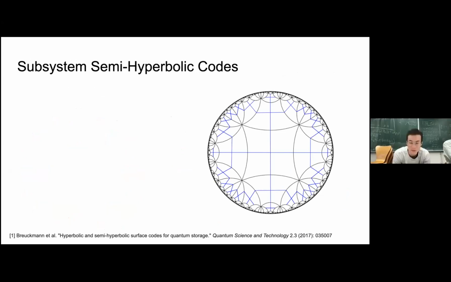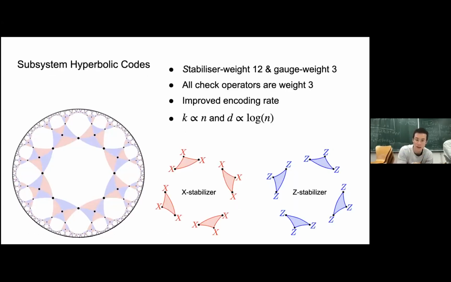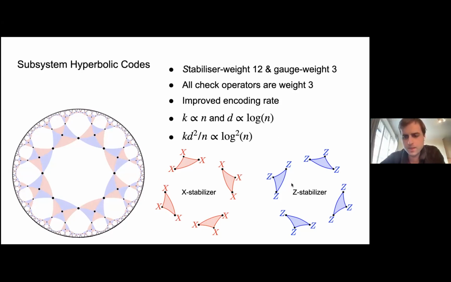Maybe also briefly recap how exactly you set up this construction. You take a hyperbolic plane which is tessellated, and then you identify these corners, right? And then the X and Z stabilizers are just the product of the corners that belong to the same face. Yes. So in each face, let's say you take this face, you take the product of the 4 weight 3 gauge operators in that face, and that forms a weight 12 stabilizer.